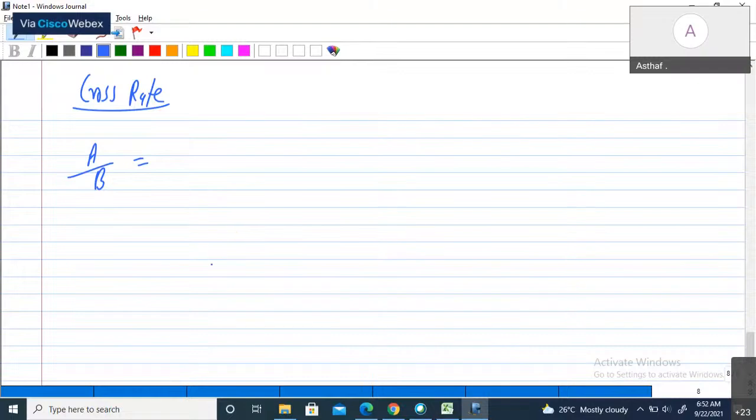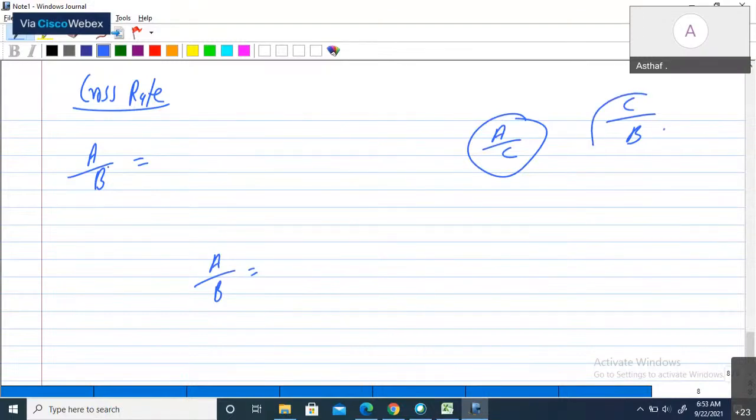So how to approach this? In the question there may be A, C currency rate given and there may be C, B currency rate given. Since this is a revision class, I don't want to go in depth into any example. So A by C currency rate is given, and C by B is given.